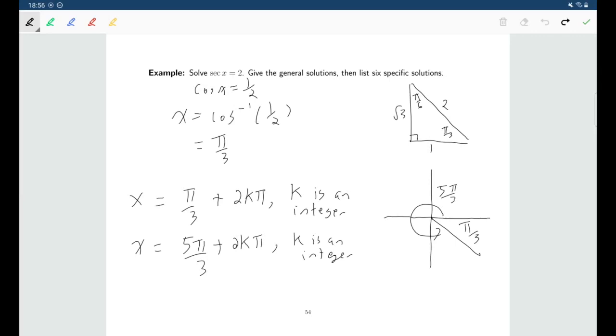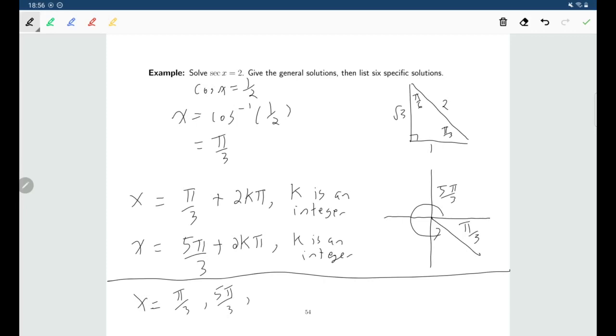So for example, if k were 0, you would have pi over 3 plus nothing and 5 pi over 3 plus nothing. If k were equal to 1, you would have pi over 3 plus 2 pi, which is 7 pi over 3, and 5 pi over 3 plus 2 pi, which is 11 pi over 3.